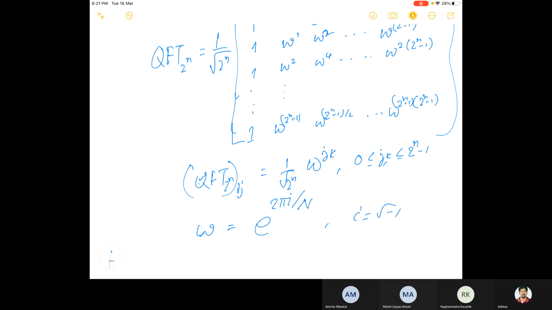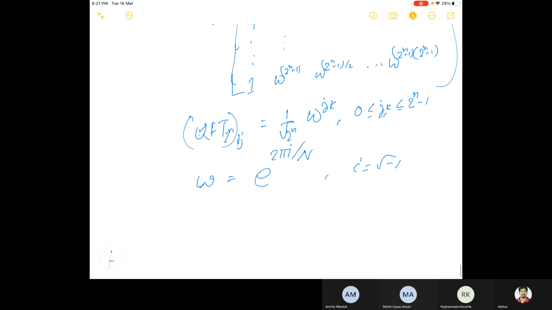So this is the matrix. Now there are two conventions. Physicists choose omega to be equal to precisely this one.